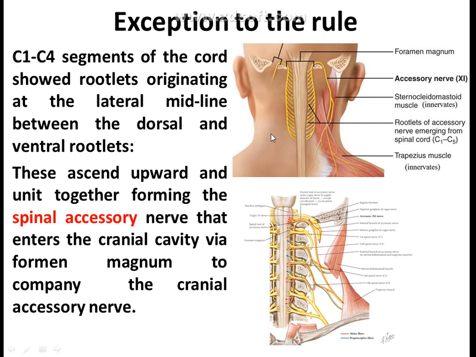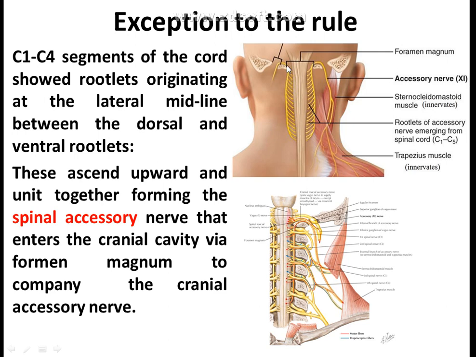These mid-lateral rootlets from C1 to C4 will unite with each other and ascend upward, thus forming a single trunk of nerve, in addition to the dorsal and ventral rootlets.